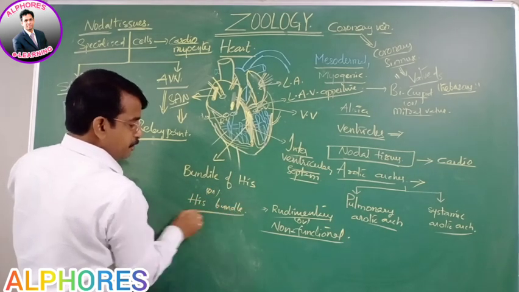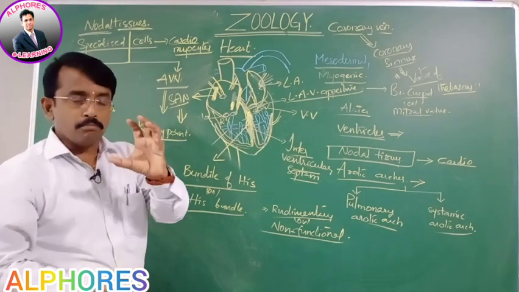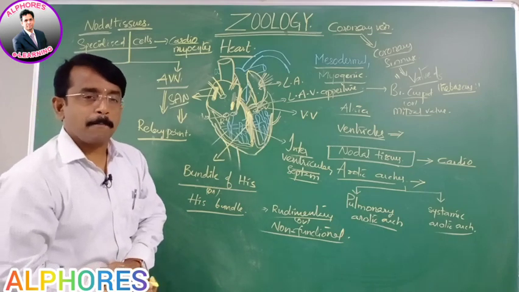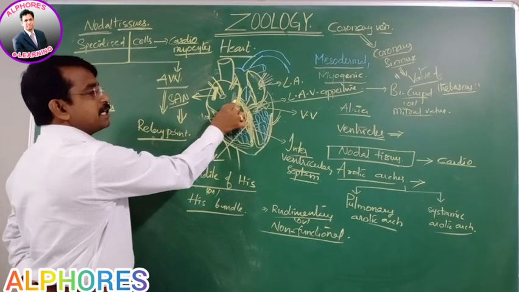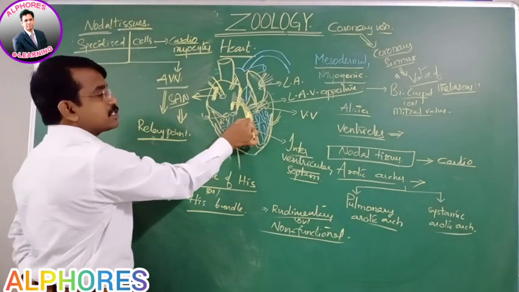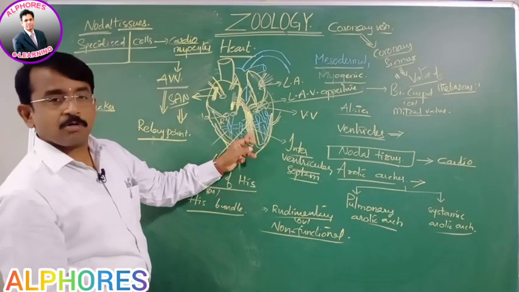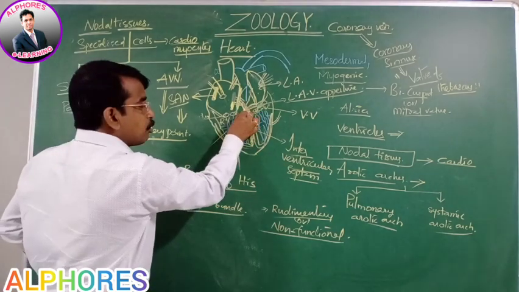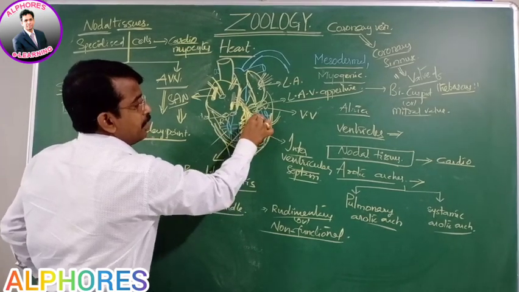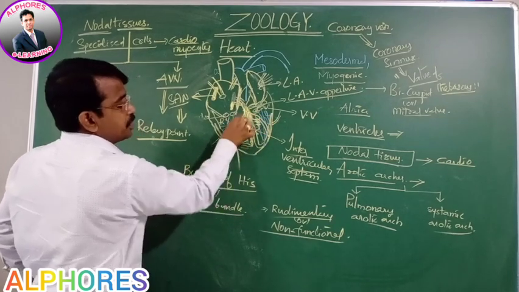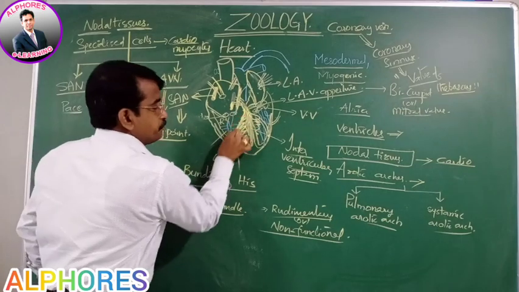It is said to be the His bundle. This bundle of His is a bundle of muscle fibers connected to the AV node and extended over the interventricular septum. Look at here, the interventricular septum. On the interventricular septum, this bundle of His is bifurcated, branched.